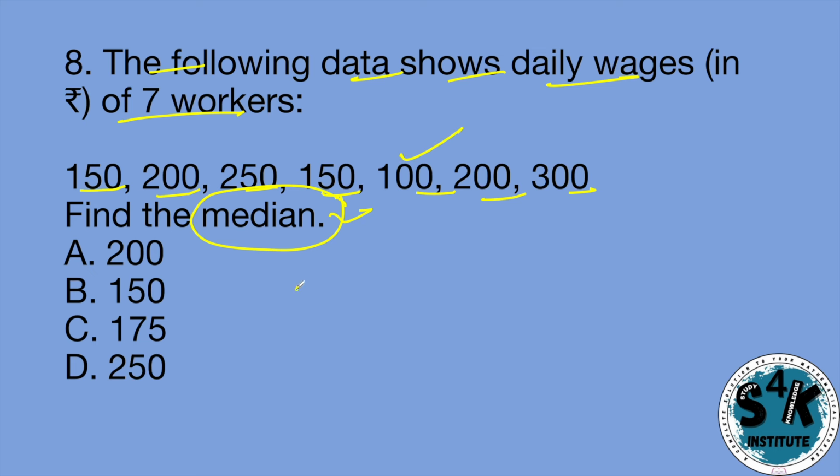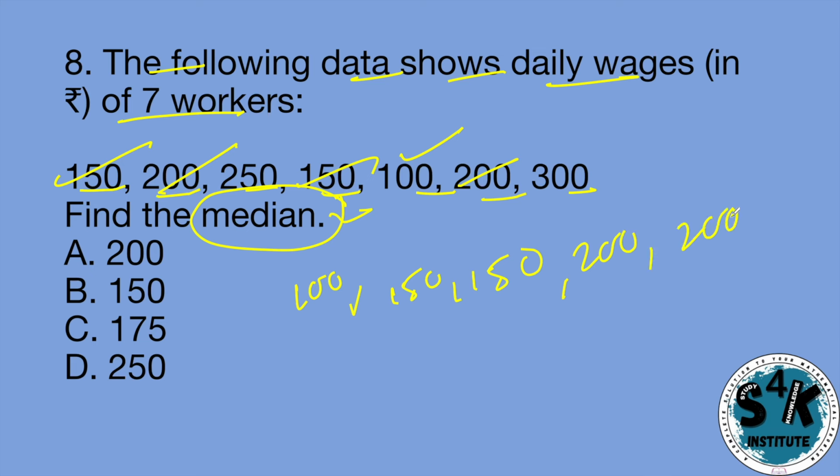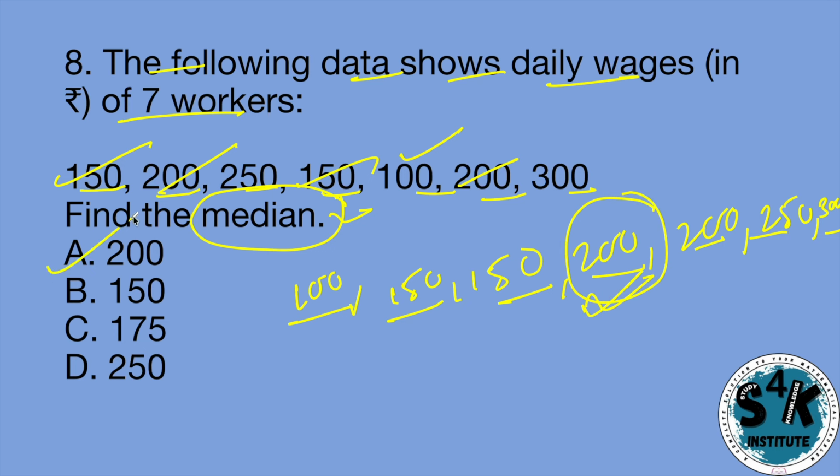First will be 100, then we have 150, 150, then we have 200, 200, then we have 250, then we have 300. Okay, you tell me which is the middle term. 1 2 3 4 5 6 7. So here 200 is the middle term, so 200 will be the median of this. So the answer is A. Okay.